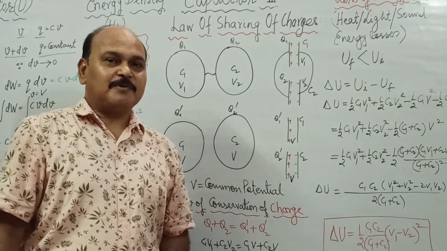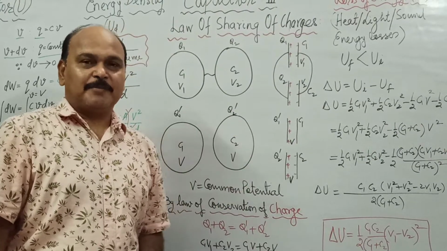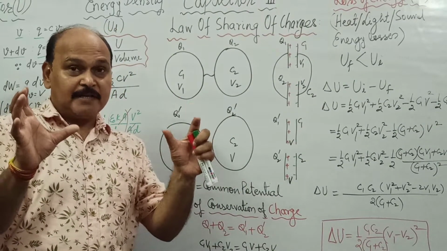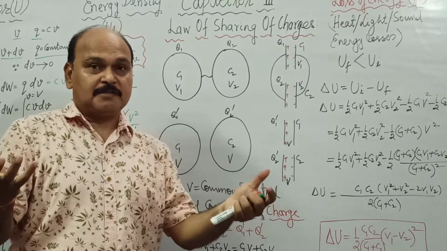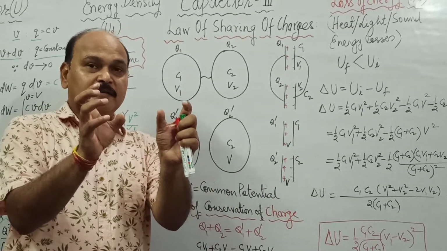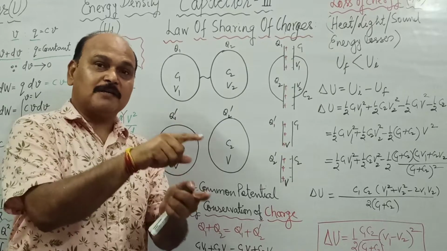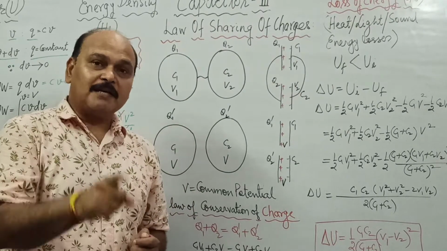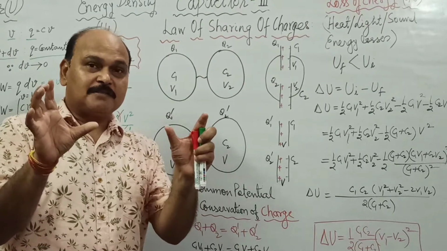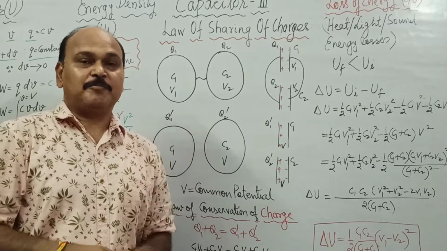A similar concept can also be seen in thermodynamics. When two bodies having different thermodynamic potentials, that is different temperatures, are brought in contact, energy flows from one to the other, and this continues until both the objects acquire the same thermodynamic potential.